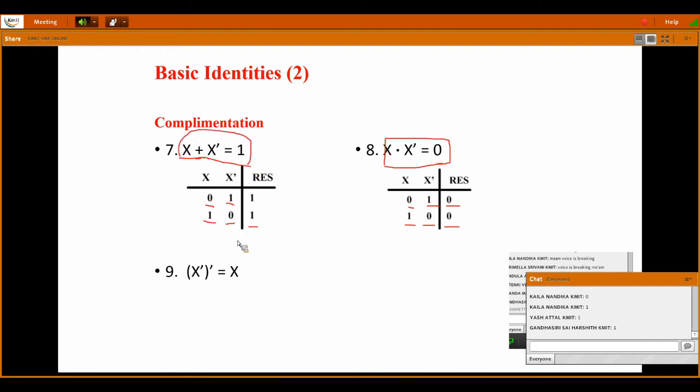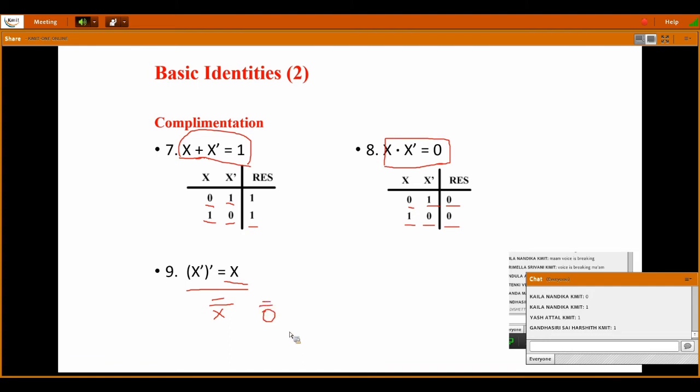Now the ninth identity, x dash whole dash, or you can also write it as x bar double bar. X complemented and complemented again, a double complement. So x is complemented and again complemented, and you will get x as it is. Suppose you take 0 double bar.